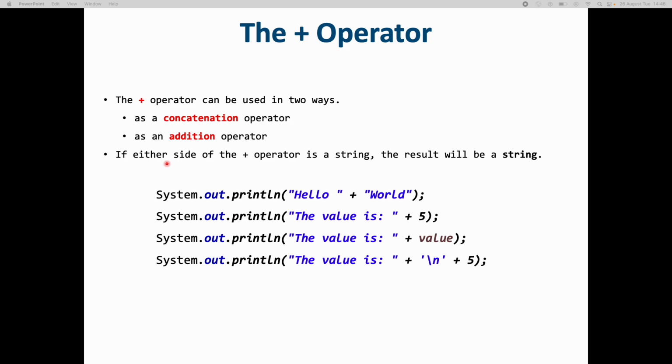Or you can also say the value is plus 5, so it will concatenate a string and an integer. It will print it in that way. I can also use consecutive concatenation: the value is, then a new line character, then the value of 5. So I can use the plus sign for concatenation.